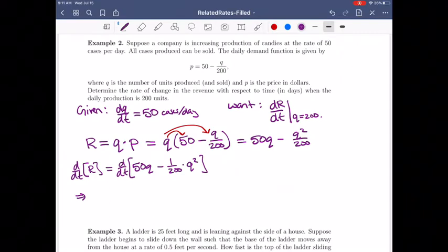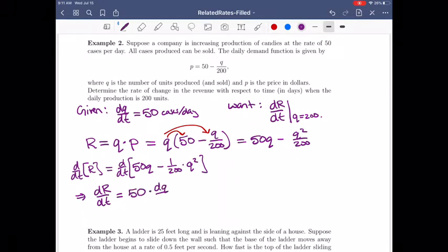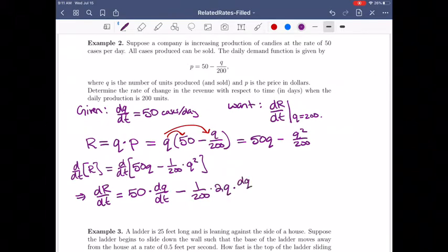So the derivative of R with respect to t is just dR dt. Each time I differentiate a Q, I'm going to have to multiply by dQ dt. So the first part, I get a 50, and then I multiply by dQ dt. In the second part, I have this 1 over 200 times the derivative of Q squared, so 2Q, and then times dQ dt. Okay, so that's my derivative.